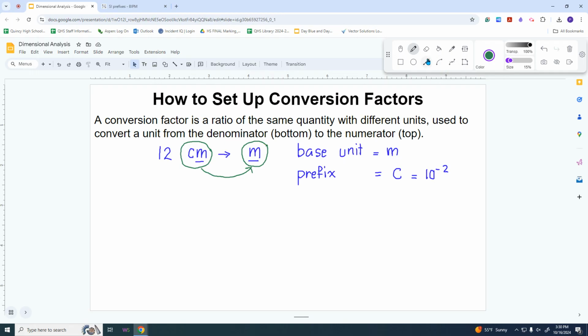So your conversion factor will have the unit that you want on the top, which is meter, and the unit that you want to convert from, which is centimeter.